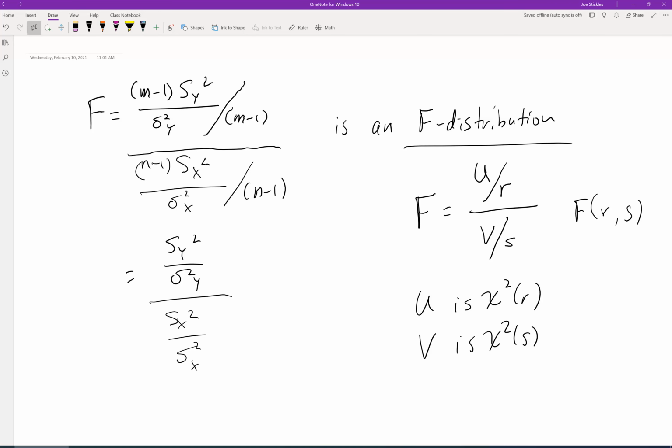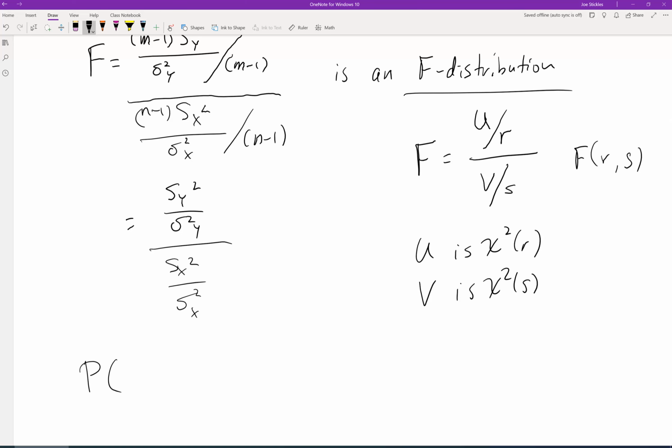Just like we've done before, we want the probability that our random variable is in between two values to be equal to 1 minus alpha.